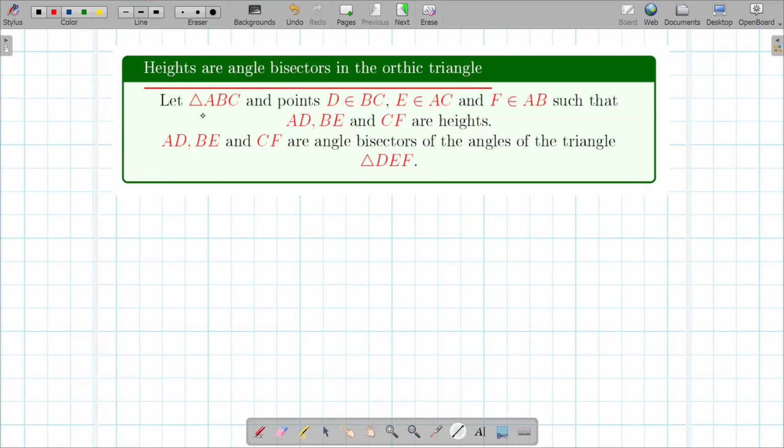So let's start by looking at a triangle ABC. So there you go. Here's ABC. This is vertex A. This is vertex B. This is vertex C. And let's look at the heights of it. So this is AD.